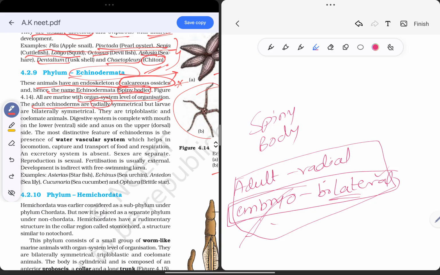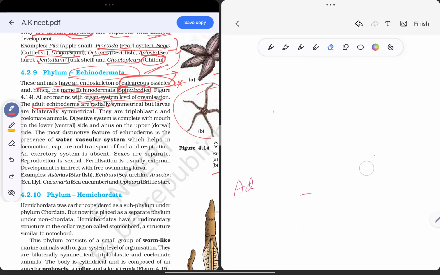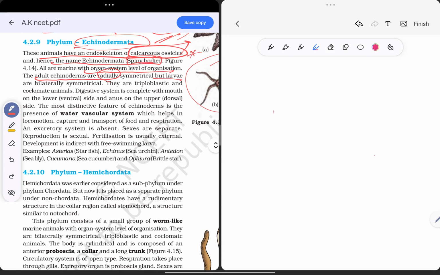If they particularly ask what is the adult symmetry of Echinodermata, then you should say radial. Radial symmetry, but the larva has bilateral symmetry.